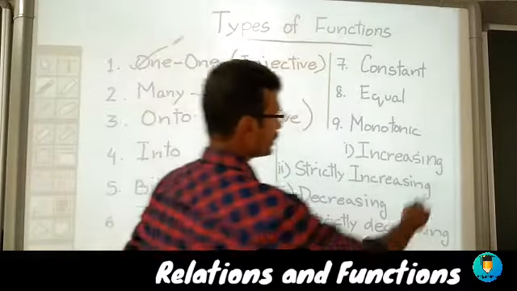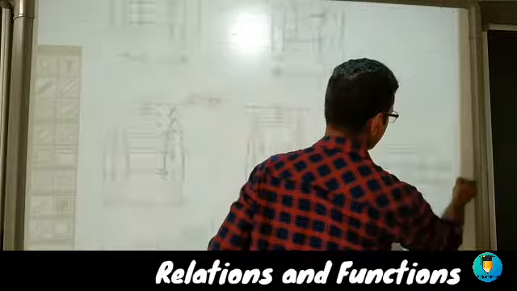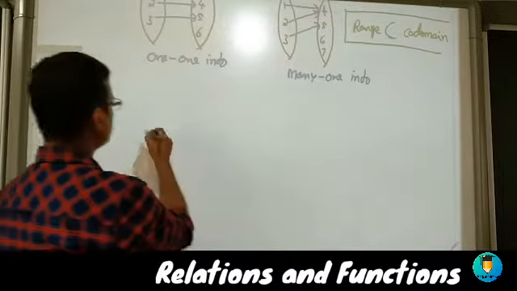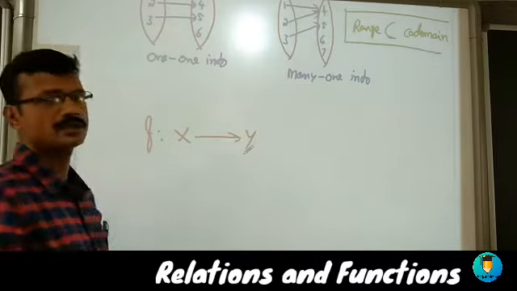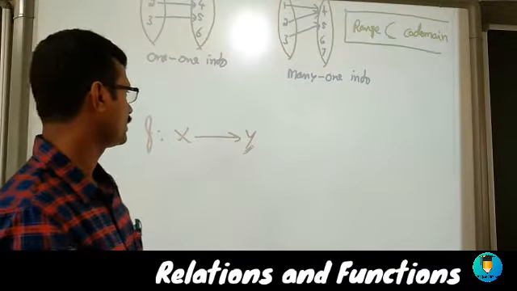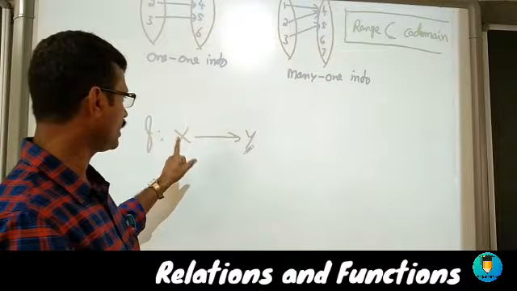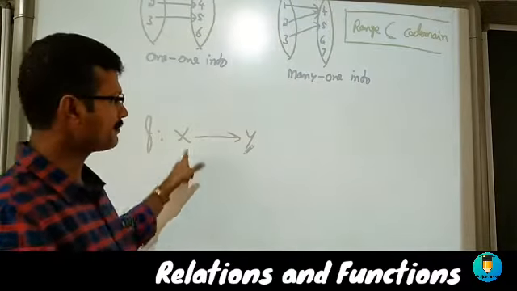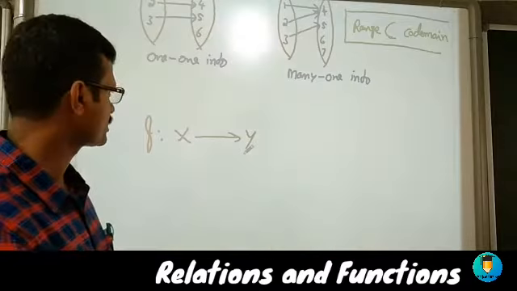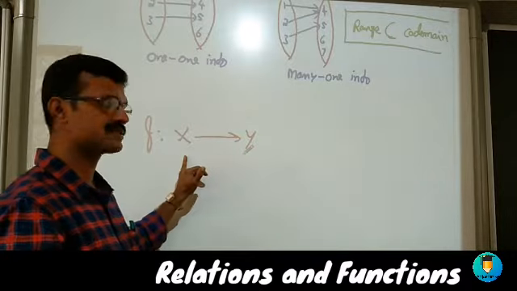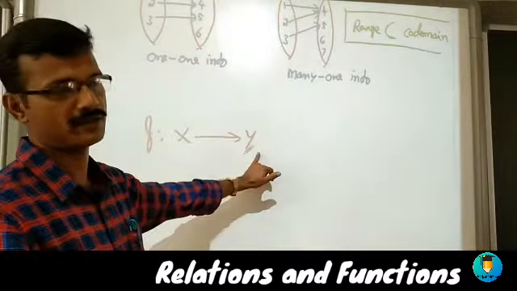We can define it like this: a function f from x to y is said to be a one-one function if all the elements of x have different images in y. In other words, one element of x is connected with one element of y.